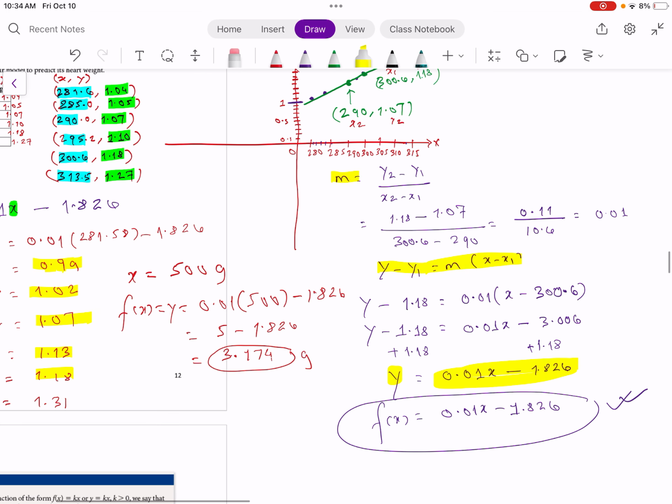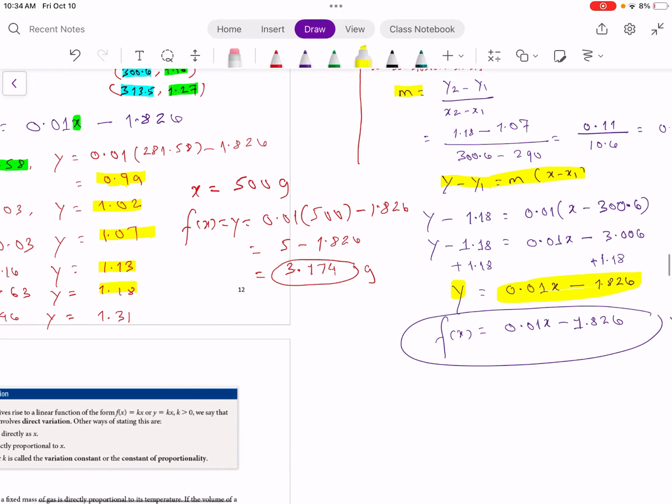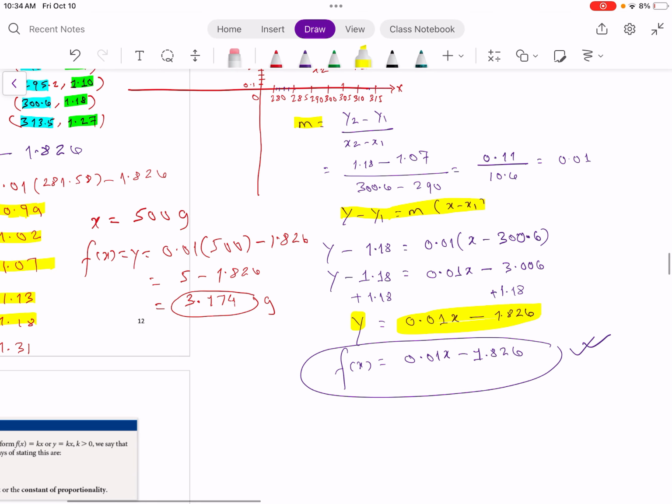Any question? So basically we are finding an equation of a straight line here. To find an equation we need to find a slope and we need to use a point slope form. That's what we do here. Now let's go to the next one.